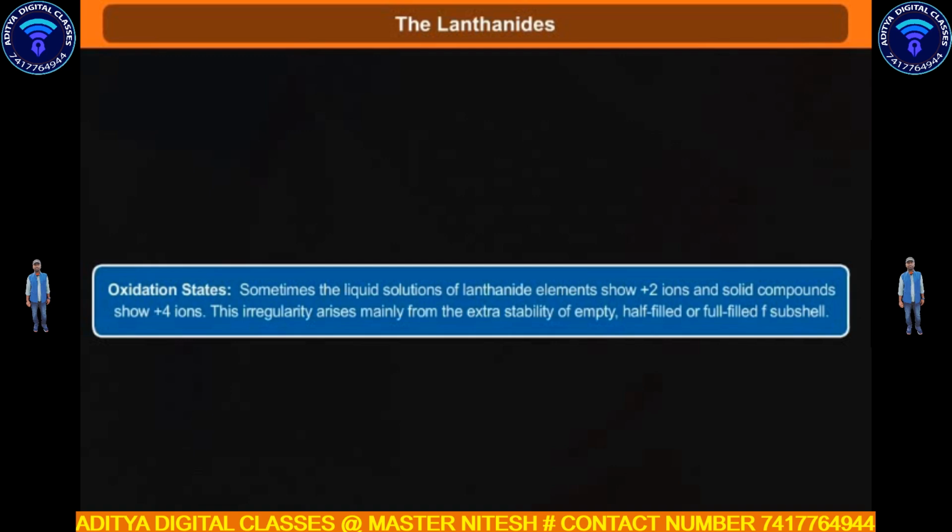Oxidation states. Sometimes the liquid solutions of lanthanide elements show +2 ions and solid compounds show +4 ions. This irregularity arises mainly from the extra stability of empty, half-filled or fully filled f subshell.